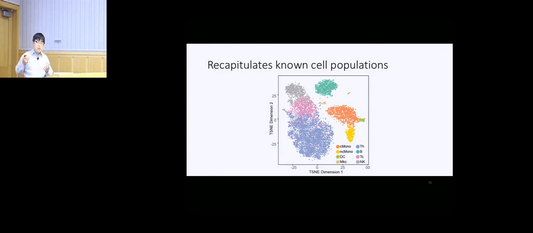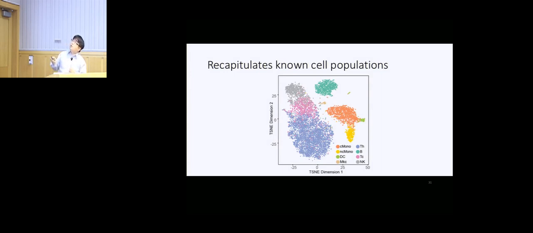It has been shown to work better than PCA or other clustering methods. It is used a lot to visually cluster single cells, and we can use known markers. In this case, these are all PBMCs, so we use known markers to classify the cells into B cells, T cells, and the different types of T cells.